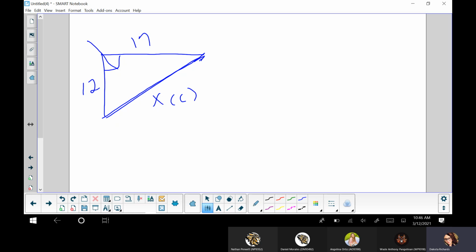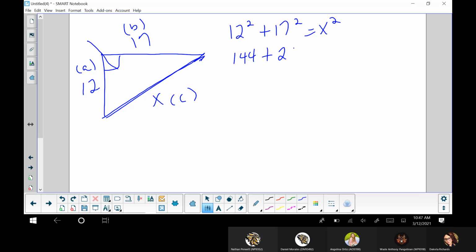So if you use the Pythagorean theorem here, remember the right angle is always pointing to the hypotenuse. So that's our C. So a squared plus b squared, we're going to have 12 squared plus 17 squared equals x squared. 12 squared is 144, and 17 squared is 289.